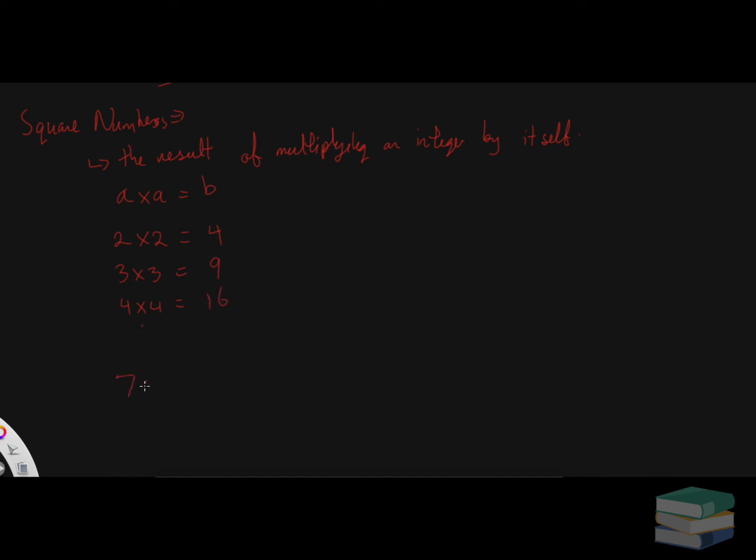If you take the number 7 and multiply it by itself, you'll get 49. So all these numbers are the squared version of these numbers here.